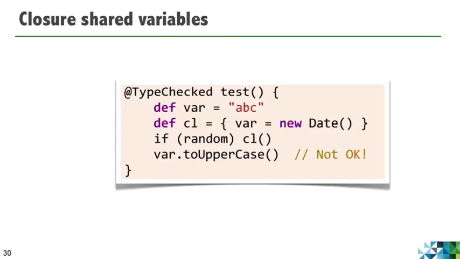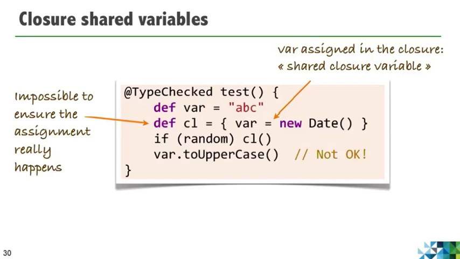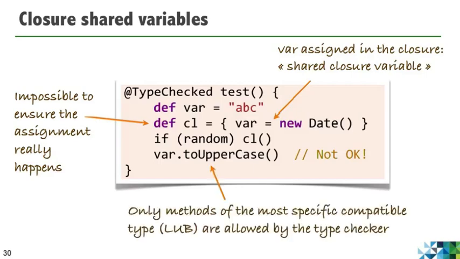So for example, if we have some random condition, like Math.random or something like that, perhaps the closure will be called, perhaps it won't be called. So the variable may hold a string or it may hold a date. So if you want to do var.toUpperCase afterwards, it means that you're expecting to get a string there, but the static type checker doesn't know. Perhaps it'll be a date, perhaps it'll be a string. So the compiler will throw an error here because it cannot figure out if it's a string or a date.